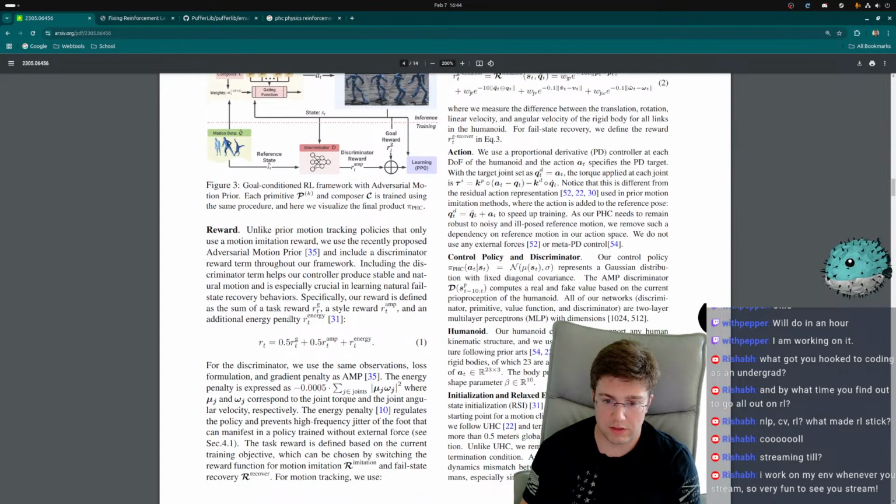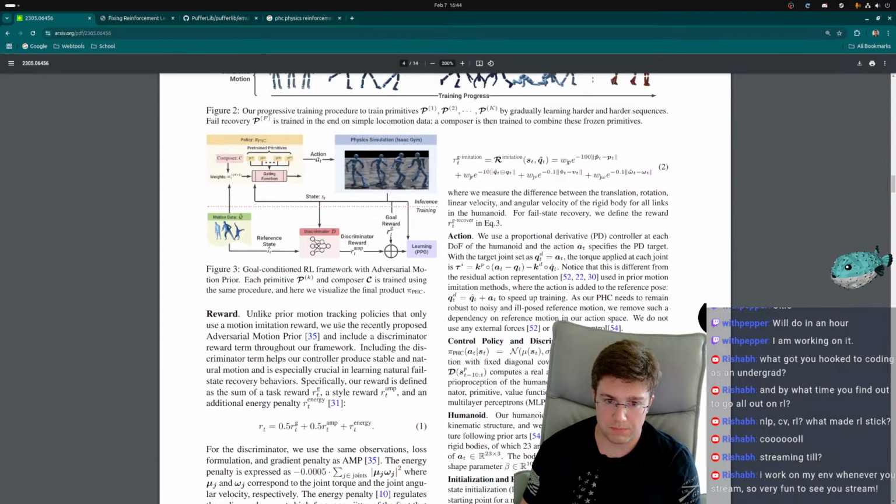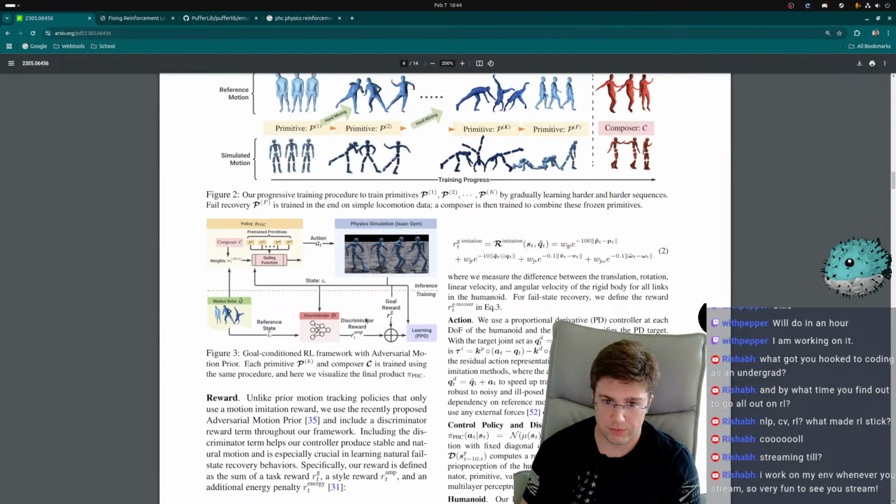It still doesn't explain the way that they're doing their samples, sequences.